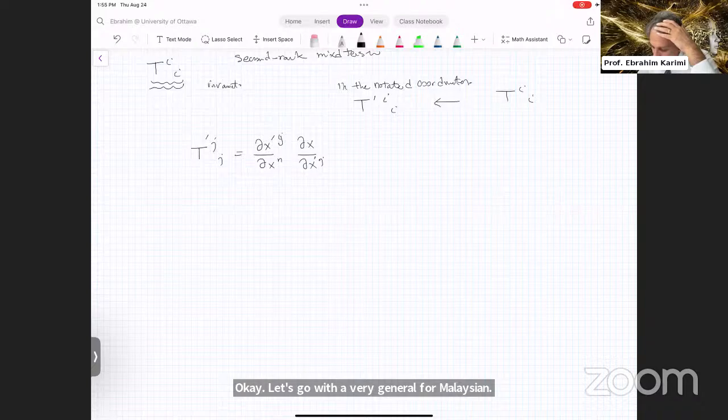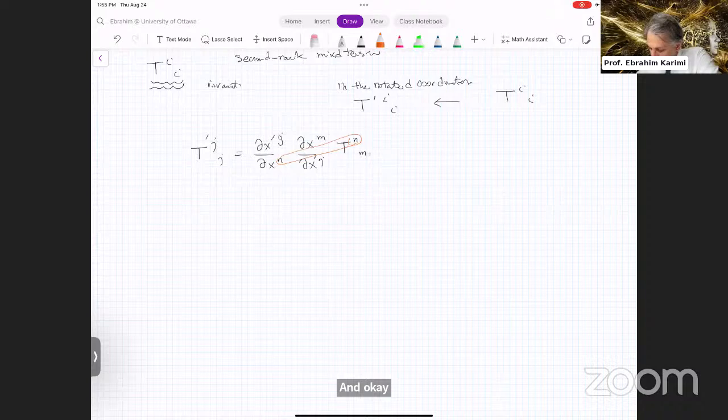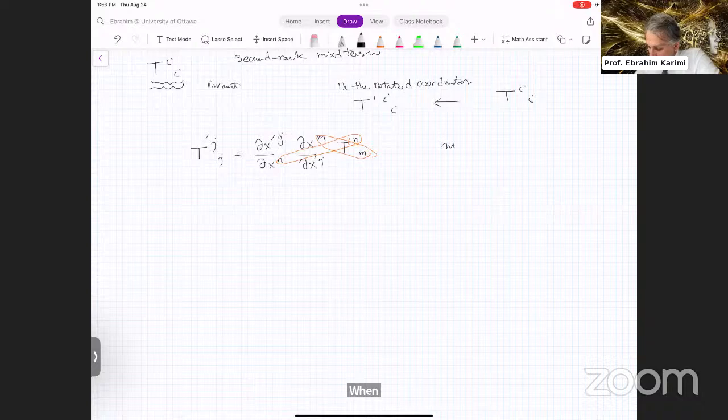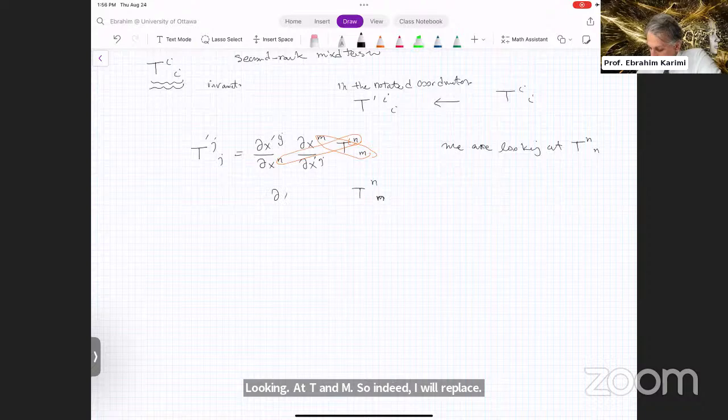Let's go with n and m and T n m. Remember again, the summation is over n, and the summation is over m as well. So this is what I'm dealing with right now, and I want to do the calculation and find out what is happening when we are looking at T n m. So indeed, I will replace n with m. So I will get the derivative of x prime j with respect to xn, and the derivative of xn with respect to x prime j.